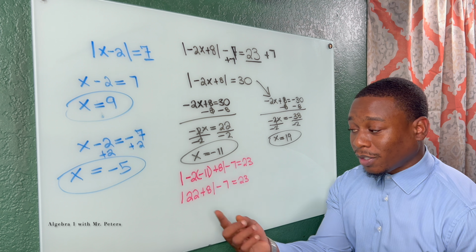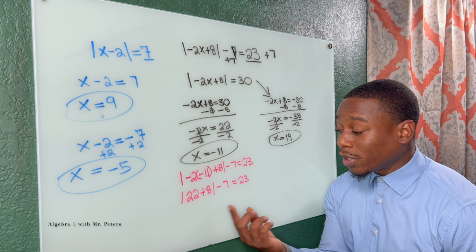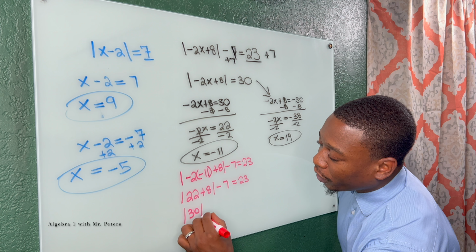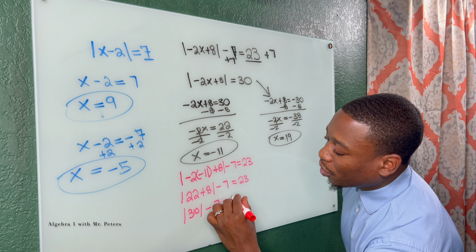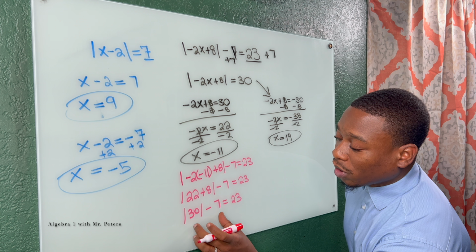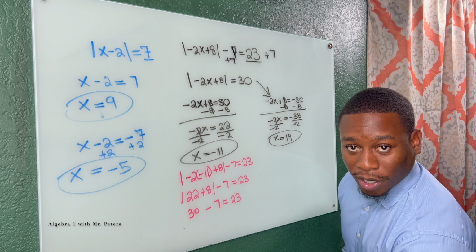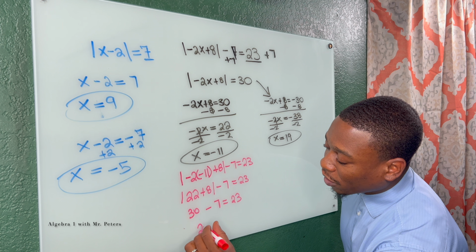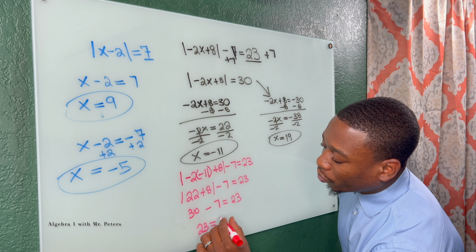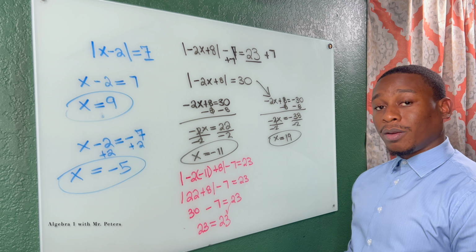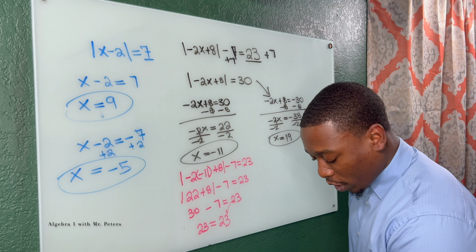We're just trying to see if these two sides of the equation equal each other. So we have the absolute value of 30 minus 7 is equal to 23. Once we take this out of the bracket, right, it's just 30. It stays positive. 30 minus 7 gives us 23. 23 is equal to 23. This is not an extraneous solution because it does satisfy the equation.